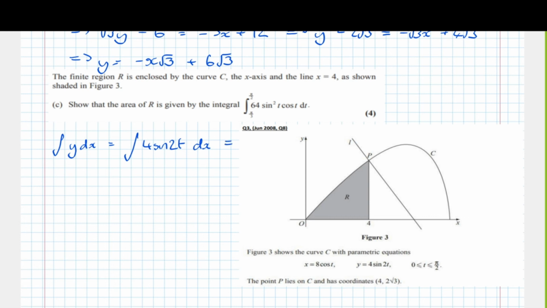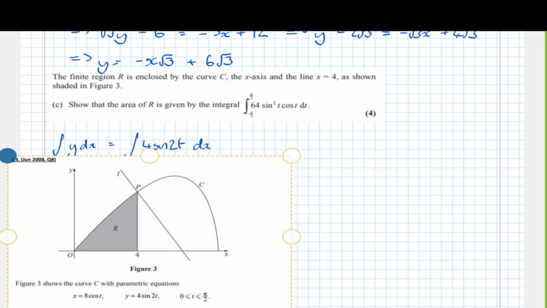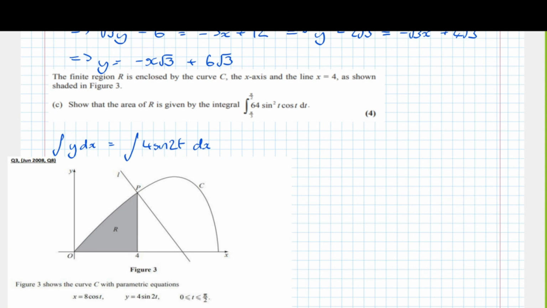I'll just write over this for now, and dx by dt, just move that across there. So a bit of a sideshow here. Dx by dt equals minus 8 sine t. And I should have just copied that from what I wrote earlier, because we've already done that.